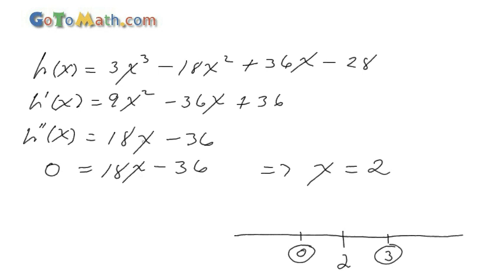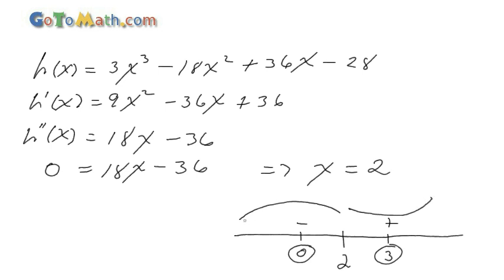So we'll plug that into the second derivative, 0, and you'd get negative. So that means that it's concave down from negative infinity to 2, and then we plug 3 in, we end up getting a positive number, and that it's concave up.